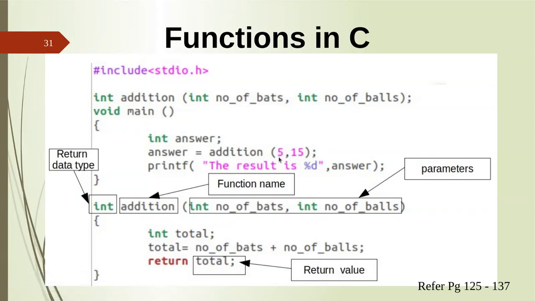This number goes here, and this 15 goes here, and we calculate the total and return total. Return total is an integer value. From here the function output goes to this answer. Okay. I think it will be a bit difficult sometimes.